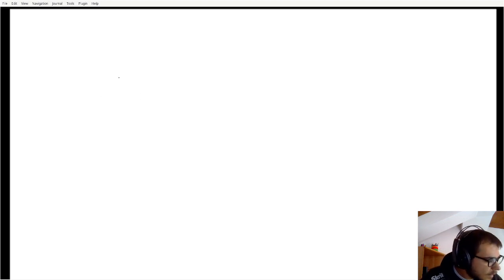Anyway, a consequence of this result is the following. For any natural number n in N star, so positive natural numbers, let Xn be in the space (E, En).